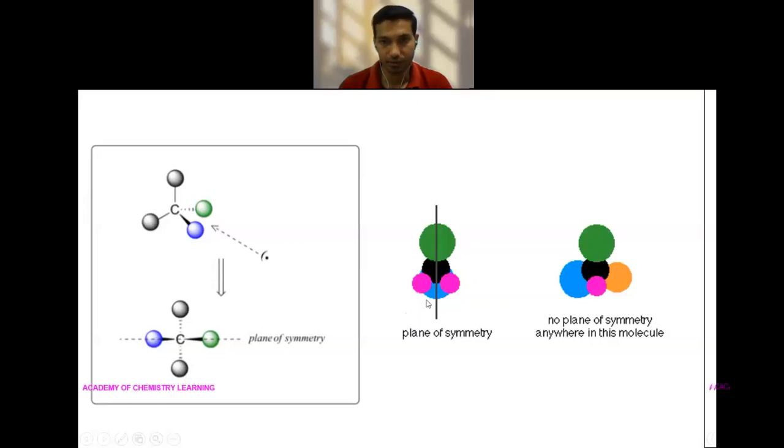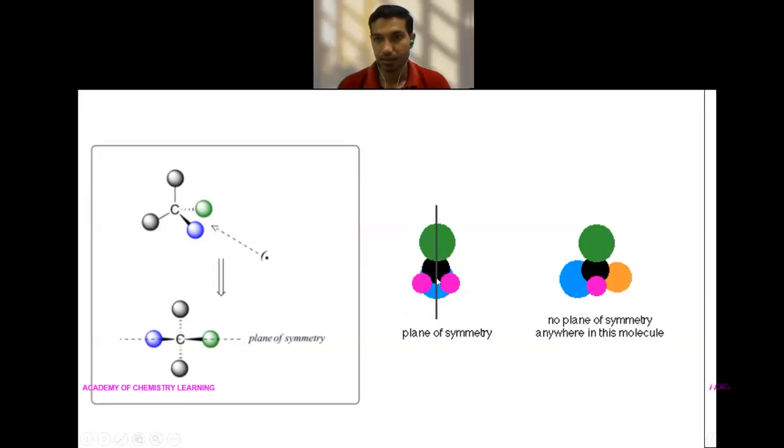Another example you can see here, this black is the central carbon atom, this green is one group, and these two pinks are another two groups. Now the plane of symmetry is passed vertically, which divides the molecule in two parts, and these two parts 1 and 2 are mirror images of each other. So you can say that this molecule has plane of symmetry.